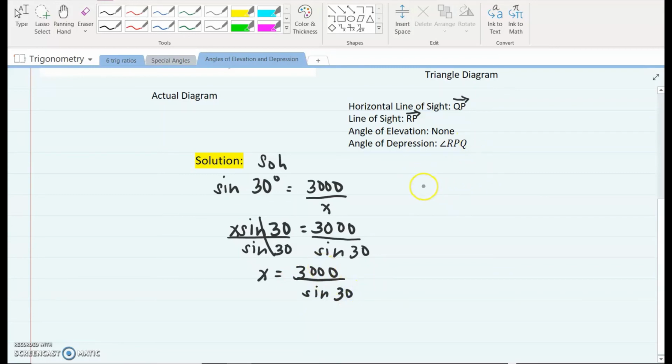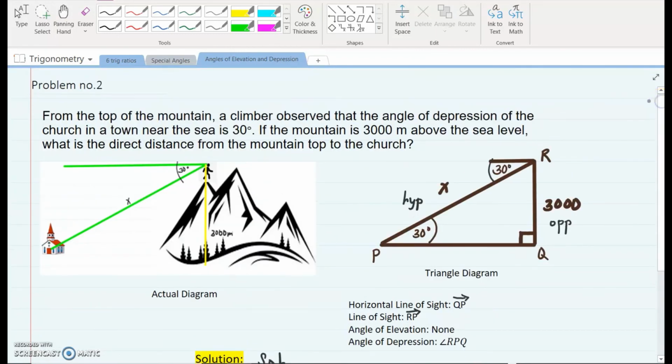And we just press sine 30. That is 3,000 divided by 0.5. So the value of x will be 6,000 meters. So we're going to go back. So that is the direct distance from the mountain top to the church, which is 6,000 meters.